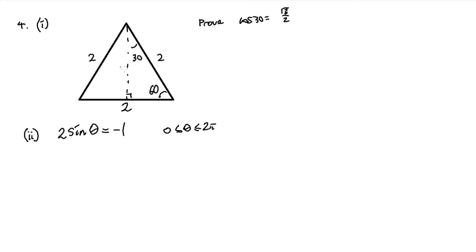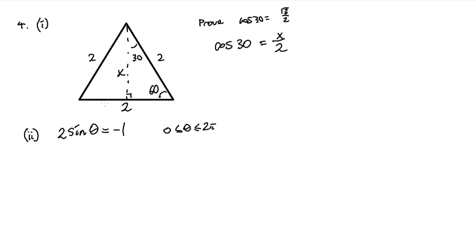So we've got all these things done, and what I need to do is just say cosine of 30 is equal to adjacent divided by hypotenuse. So say this is x, which is equal to x over 2, and now we need to find x.